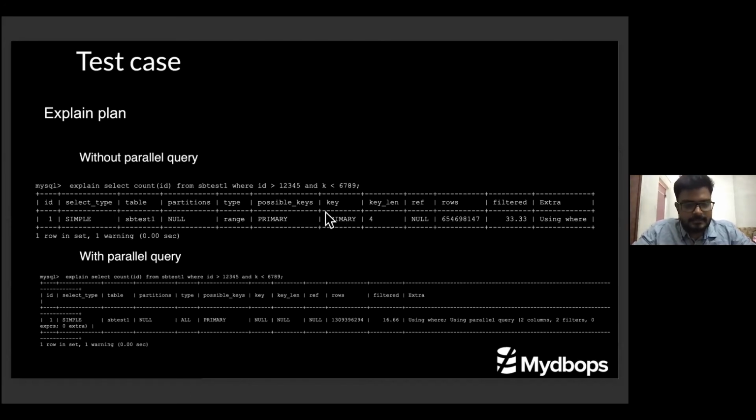In the extra option, we can see whether the parallel query is utilized. The first example is without the parallel query, and the second is with the parallel query enabled. You can see the extra options showing using parallel query, and I will explain each of the options.